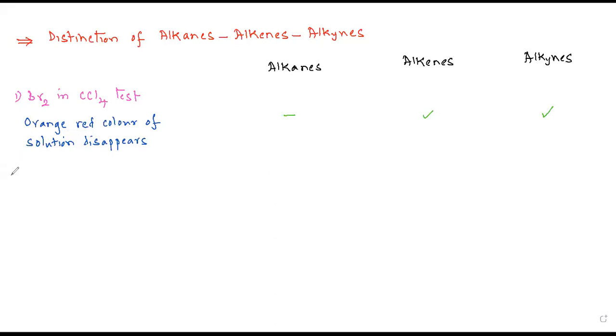Now let us go for test with Baeyer's reagent. Cold dilute alkaline potassium permanganate. In this case, pink color of the reagent disappears.